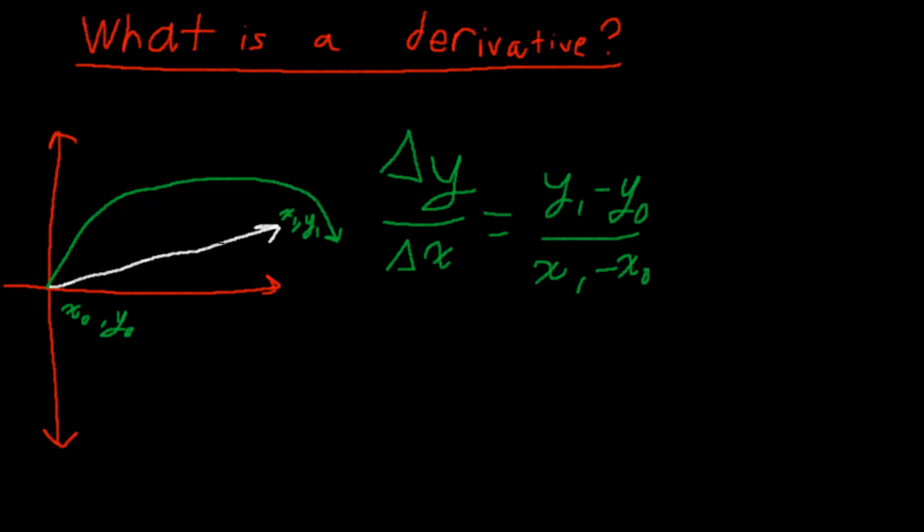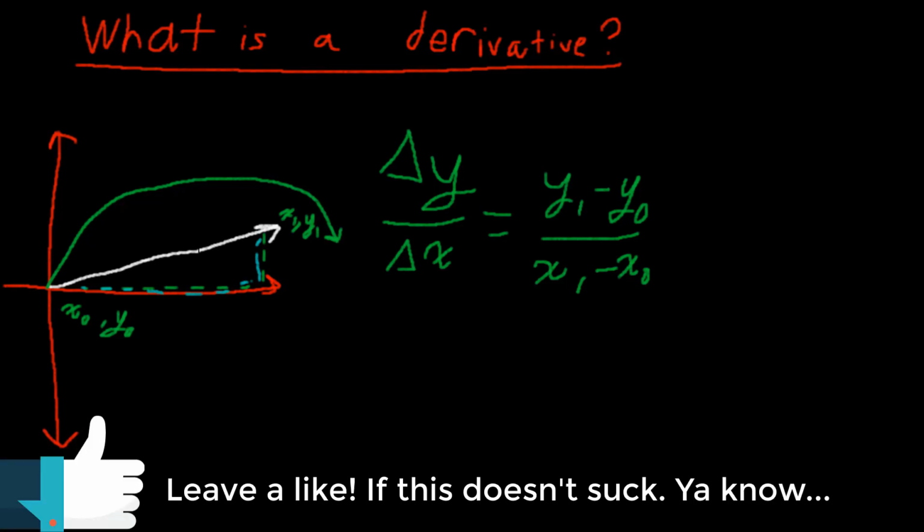So we know that it's the change in the height along with the change in the x direction. Let me change up these colors a teeny bit. And so we can get the rate at which the function's value changes.